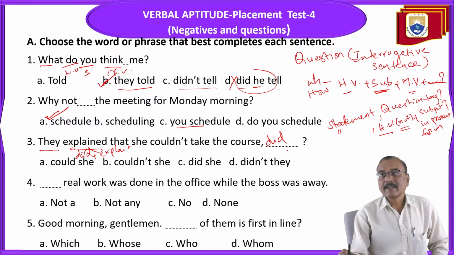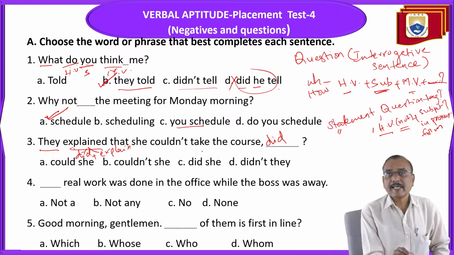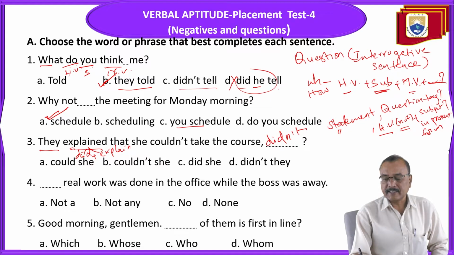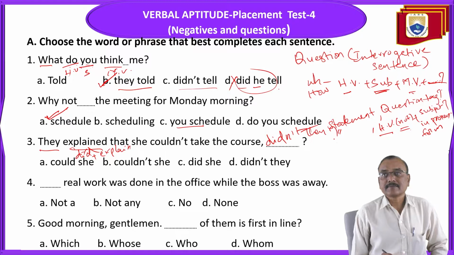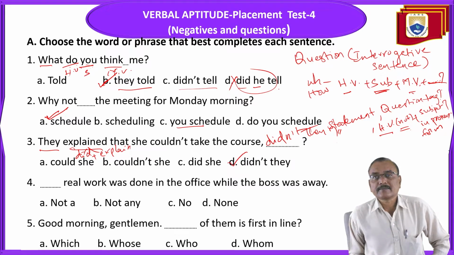Then followed by not, because it is a positive statement. They explained is positive, right? So we need to add not: didn't. So what is the subject here? They. Didn't they? So this is the answer. So what is the option here? D. Didn't they?